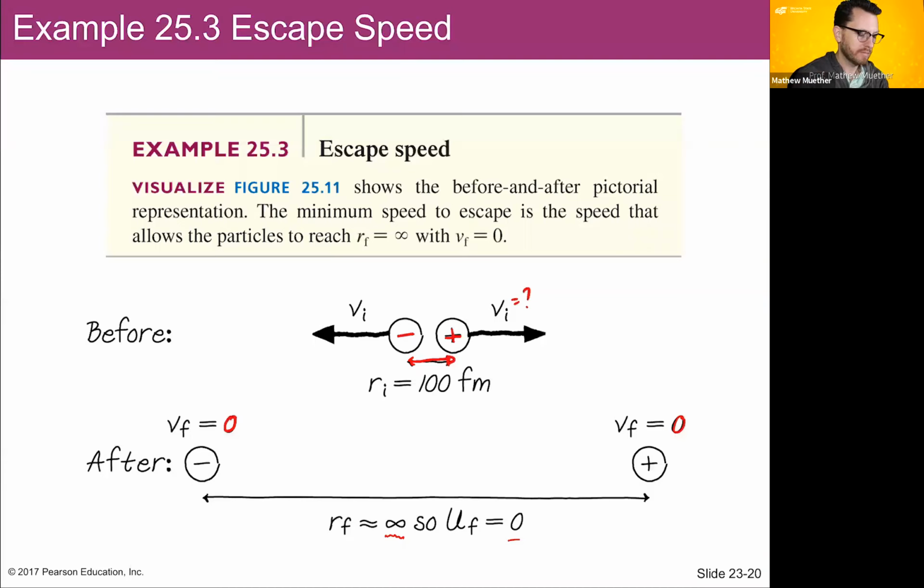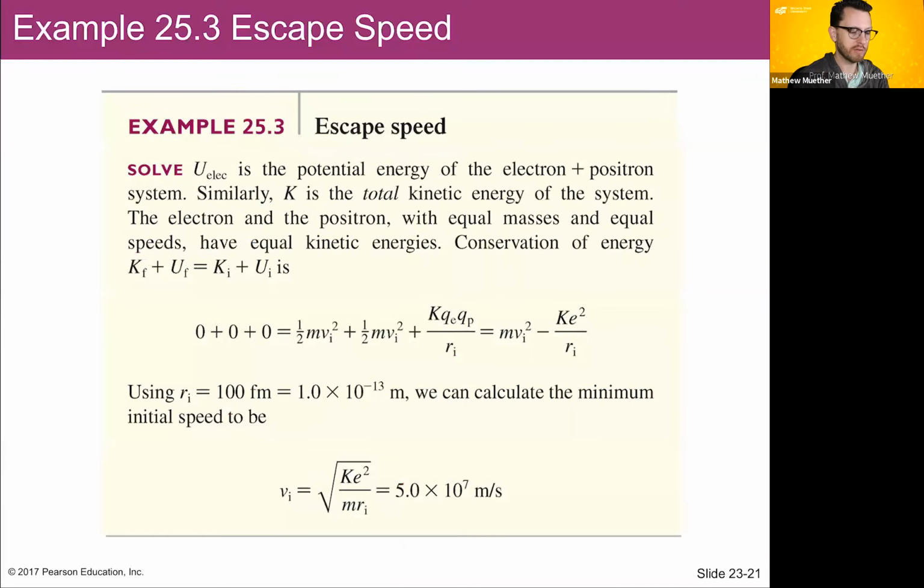Okay. And now once we have these before and after pictures, then the rest should be very straightforward. We just write down an energy conservation rule. The initial kinetic energy plus the initial potential energy is equal to the final kinetic energy plus the final potential energy. And I can see that written down. So now each particle initially is moving.